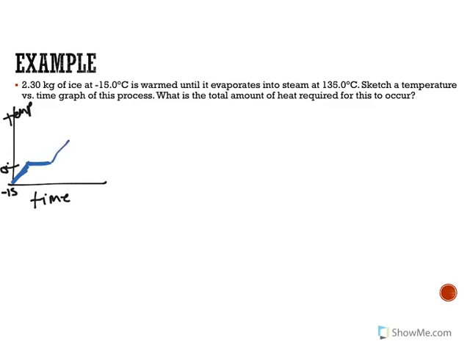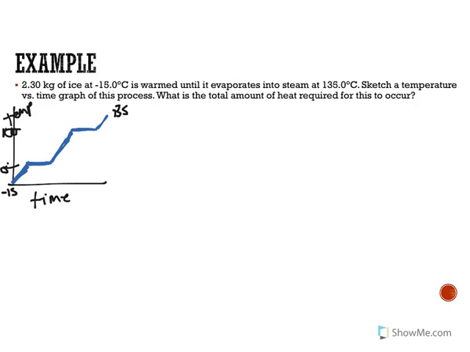Then once it melts and turns to water, it has to heat up to 100 degrees Celsius, where it's going to boil and turn to steam, and then goes to 135. So it's 100 right over here, 35 degrees Celsius more.